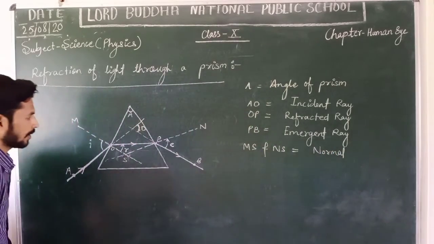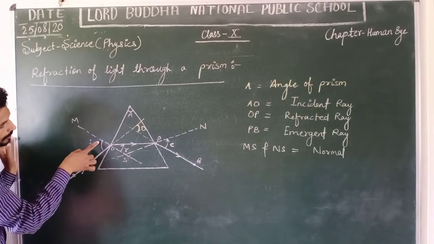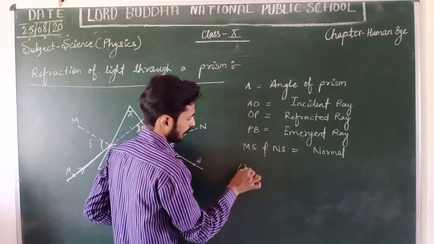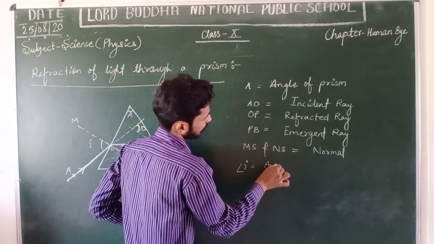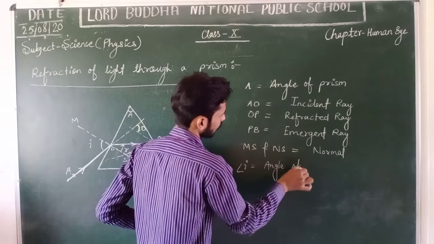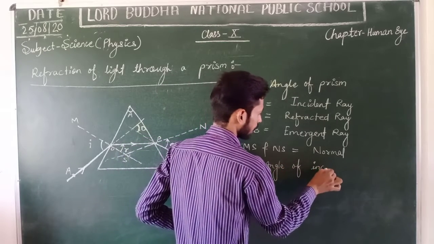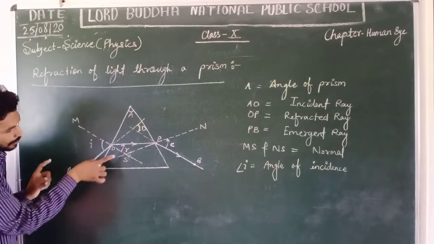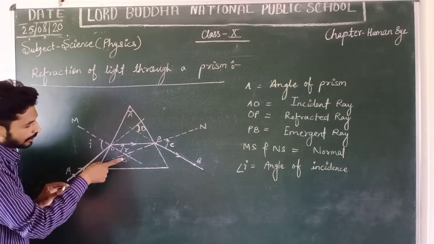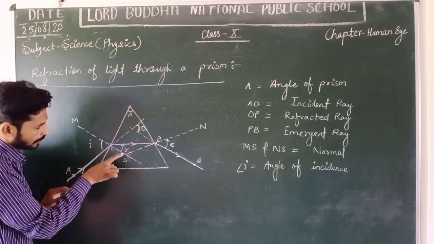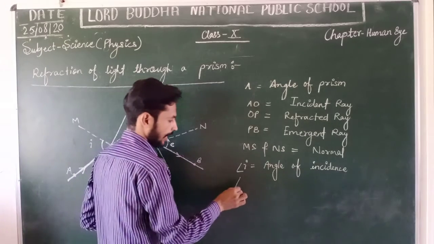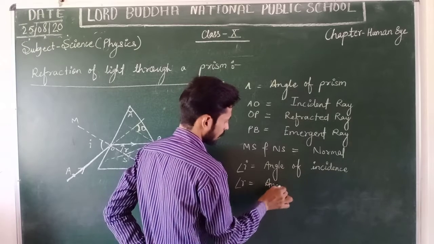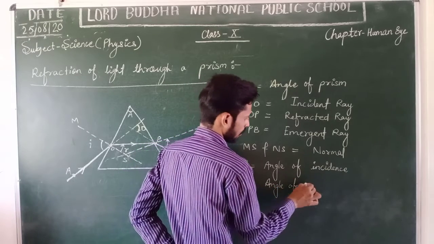Now angle I is the angle of incidence. Angle R, which is angle SOP, is the angle of refraction.